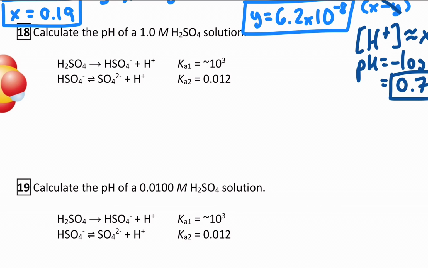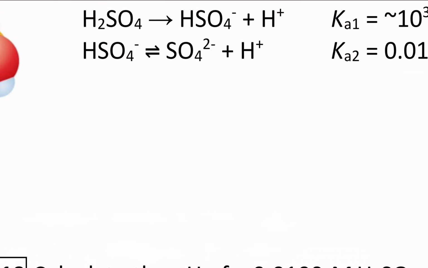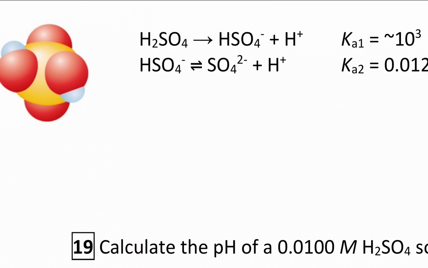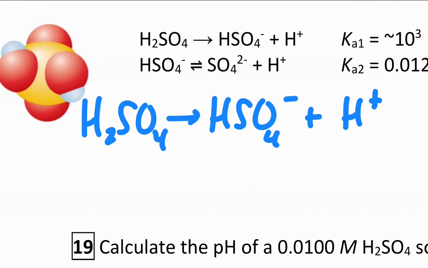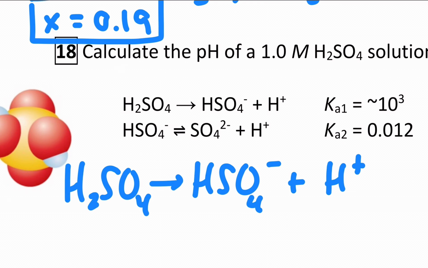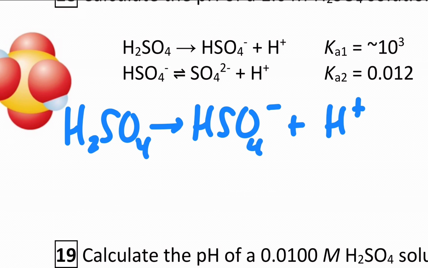So how do I factor both of these dissociations in when I want the pH of a 1 molar solution? Well, let's write out the dissociations that we have. Even though they're right there, I think it helps to just write them again. Sulfuric acid irreversibly becomes hydrogen sulfate and a hydrogen ion. Now, if we have 1 molar sulfuric acid, that first dissociation goes to completion.